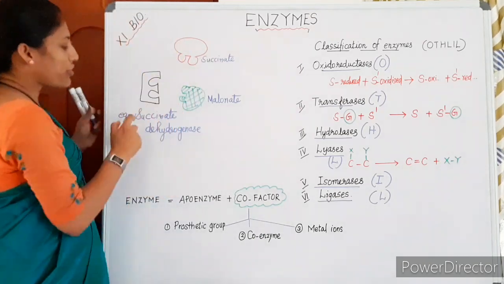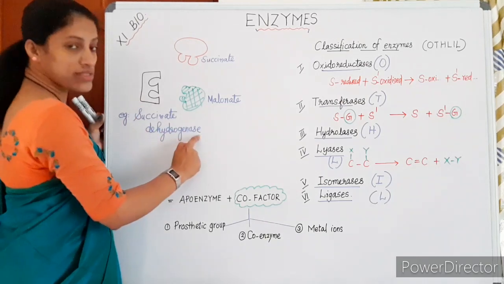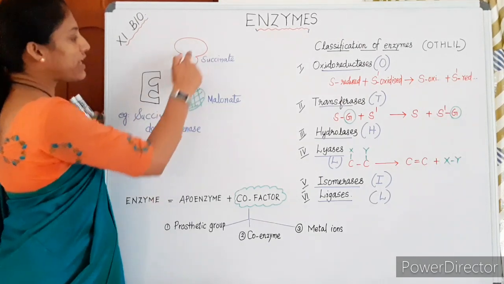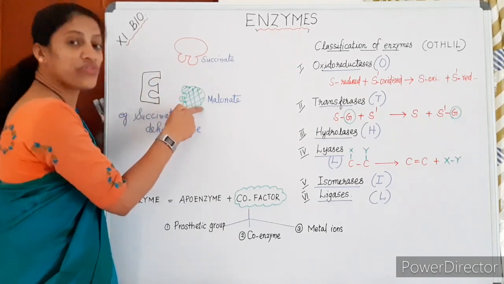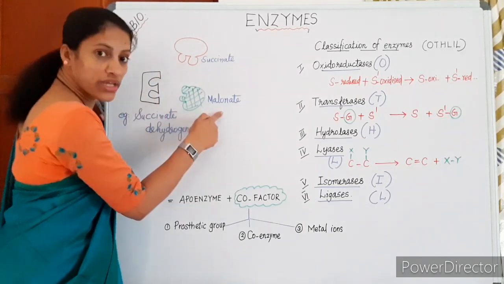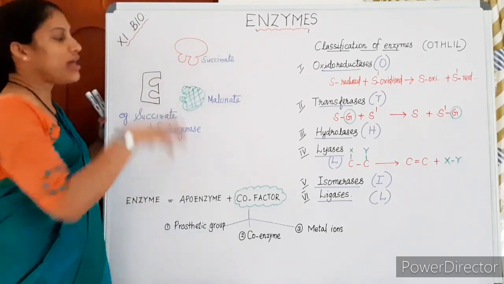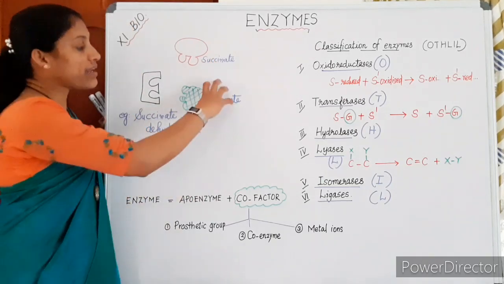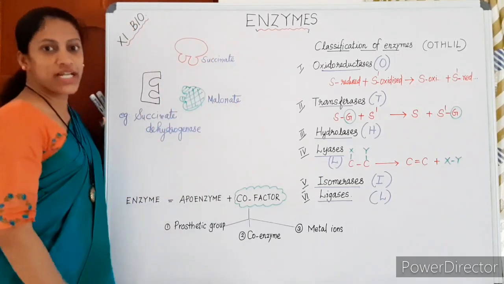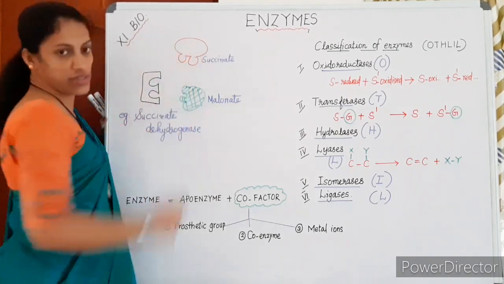Normally this enzyme succinate dehydrogenase catalyzes the binding of this succinate to here. But there is the presence of another molecule, malonate, which has structural similarity to this. Then what happens? Instead of succinate, it can come and bind to the enzyme. Just imagine, this is the enzyme action: this enzyme plus this succinate.